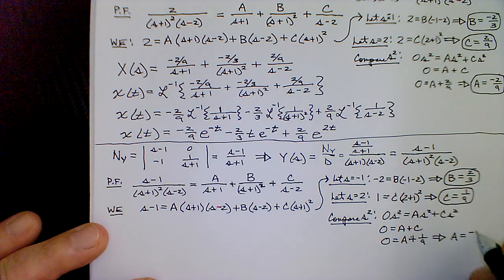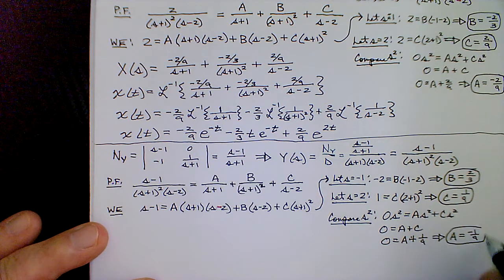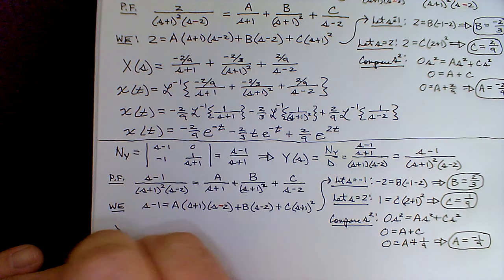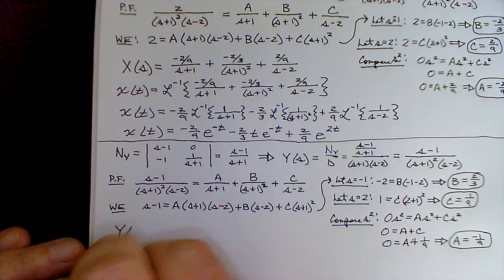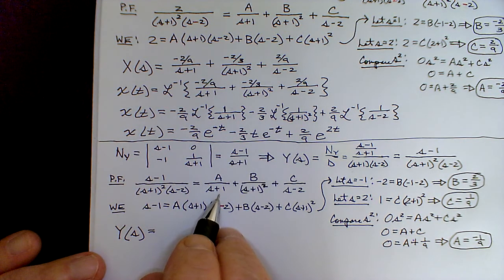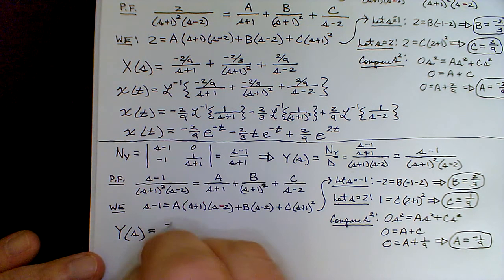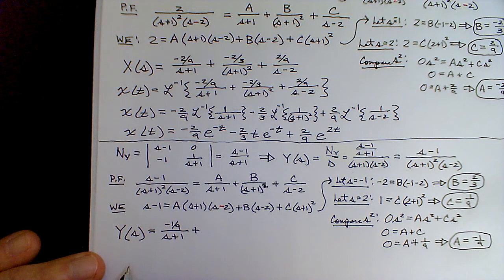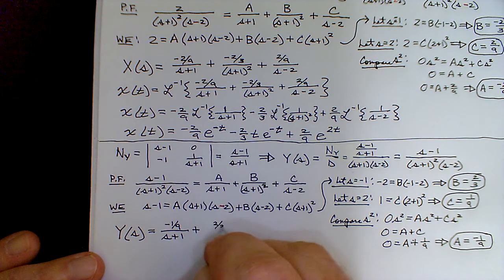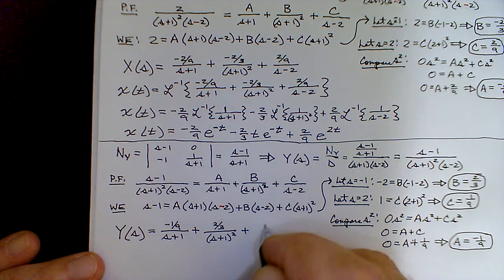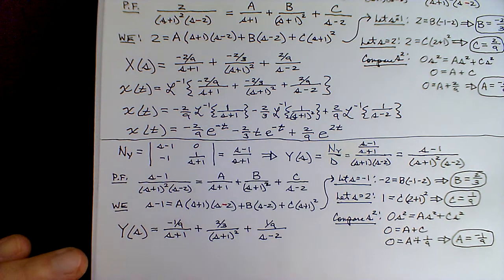So 0 equals A plus 1/9, and A is negative 1/9. Alright, so now to the partial fraction decomposition. Our solution for Y of s is A over s plus 1. A was negative 1/9, so negative 1/9 over s plus 1 plus B, 2/3 over s plus 1 quantity squared, and then plus C, 1/9 over the s minus 2.